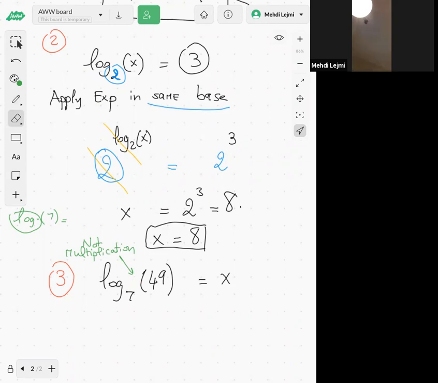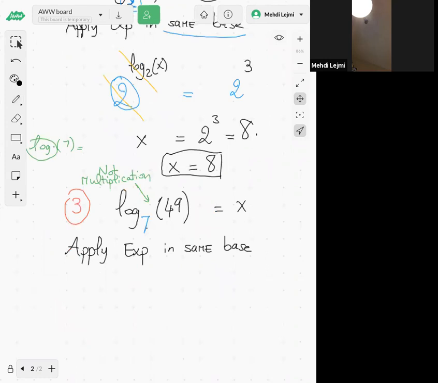Anyway, so we want to solve for x. 7 is the base. So I want to find this x. As I said, get rid of the log, just apply the exponential with the same base, which is 7.